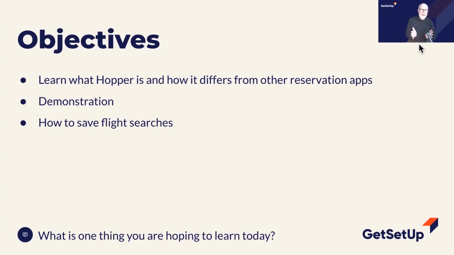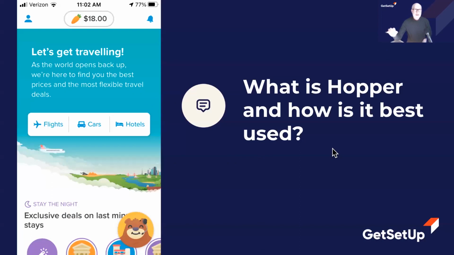We'll talk about what Hopper is, I'll give you a demonstration, and then I'll show you how to save your flight searches when you're doing Hopper. What is Hopper? How is it used? I will sum it up this way. It is a mobile-only airline search engine, and you can book, so it's technically an online travel agency. What is the difference? Online travel agencies allow you to search for flights, cars, hotels, cruises, all sorts of things, and book.